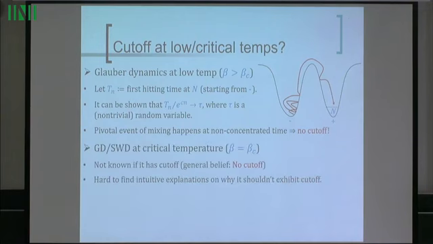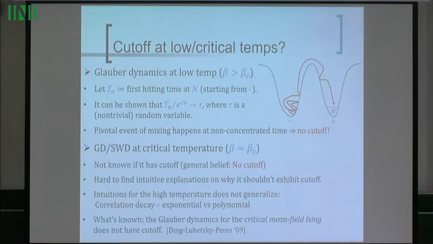And for the critical temperature, we don't know whether there's cutoff or not, but the belief is there should not be cutoff due to simulations. And it's also hard to find an intuitive explanation for this. But for instance, what I explained previously for the high temperature does not generalize because the correlation decay is not good enough, so that we cannot split the domains as we did before.